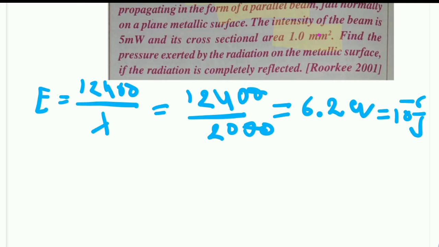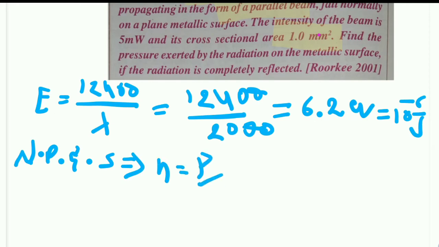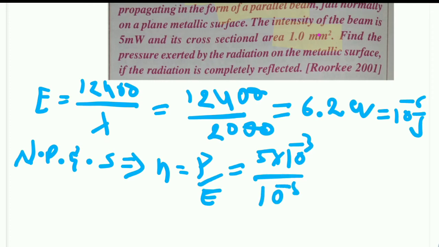Number of photons passing a point per second is n is equal to P by E. So 5 into 10 to the power of minus 3 by 10 to the power of minus 8, then 5 into 10 to the power of 15.